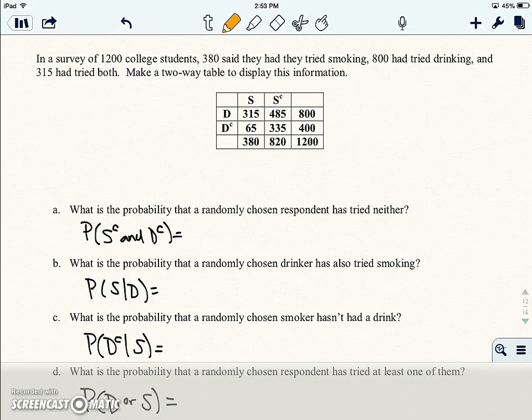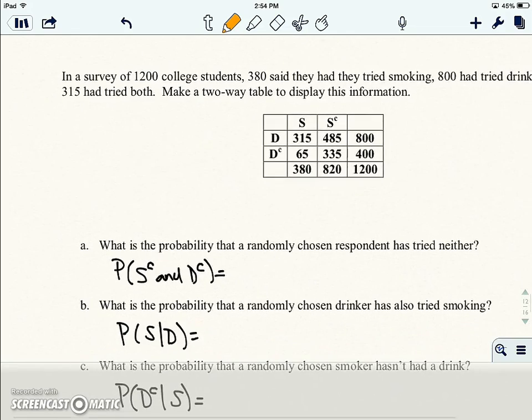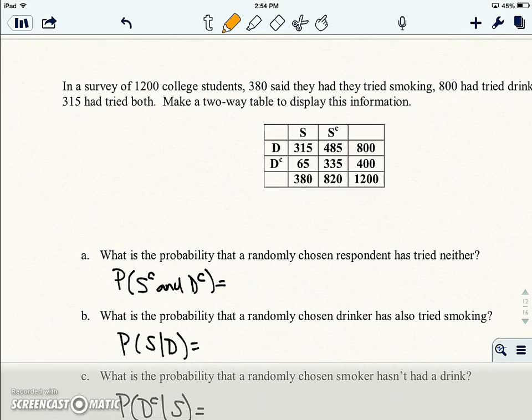Okay, here's one last example. In a survey of 1,200 college students, 380 said they had tried smoking, 800 had tried drinking, and 315 had tried both. Make a two-way table to display this information. What we've done here is define the variables: S equals smoking, so S complement is no smoking.